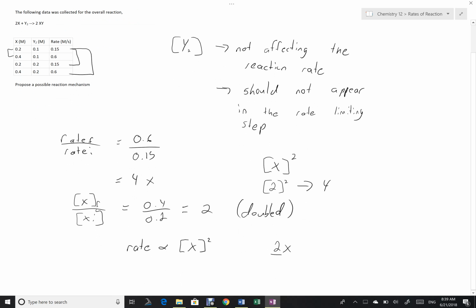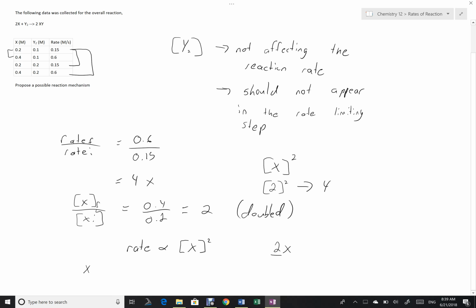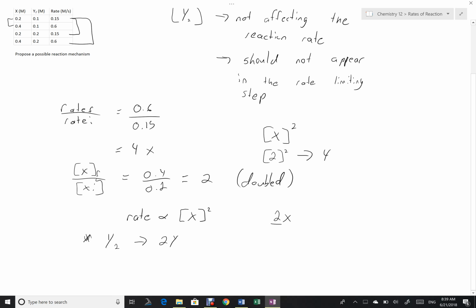What if y2 broke down into 2 y's? Since y2 doesn't appear in our rate limiting step, this step would have to be fast. Then 2x's might find these 2 y's to produce 2xy.